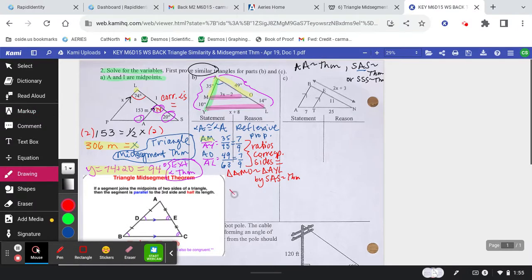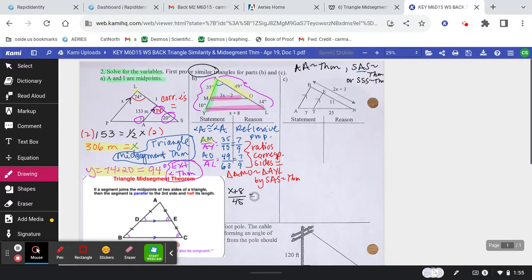So I'm going to say bottom is to side, so that's the whole left side, as other bottom is to other left side. This helps me set up the proportion.